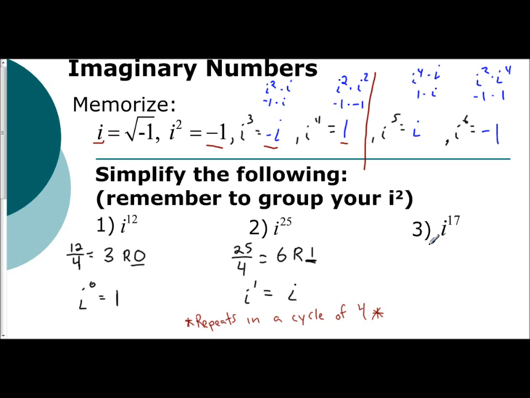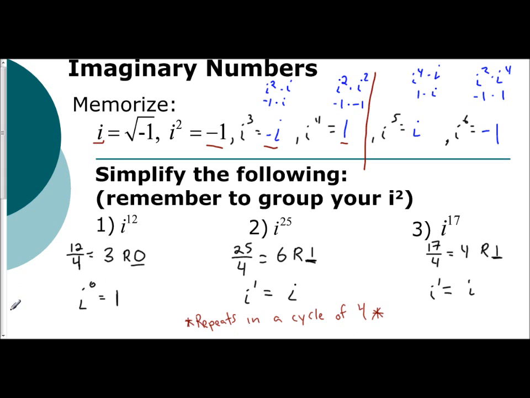So you try it again. Take 17, divide by 4. It repeats in that cycle. 4 goes into 17 4 nice times with the remainder of 1, because 4 times 4 is 16. You want 17, so that's 1 more. So that becomes the exponent of i. i to the first is just i.